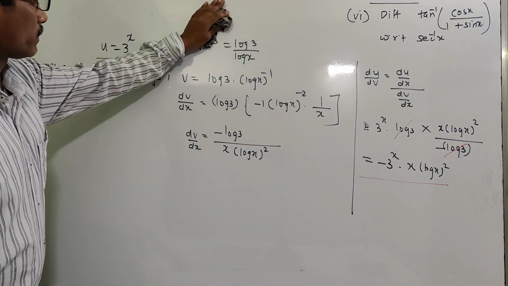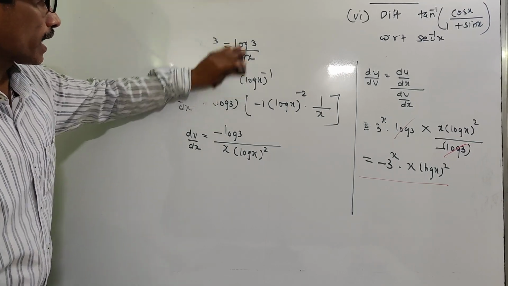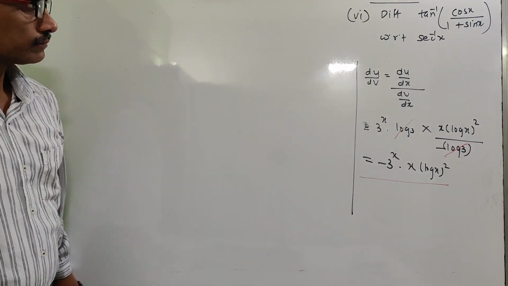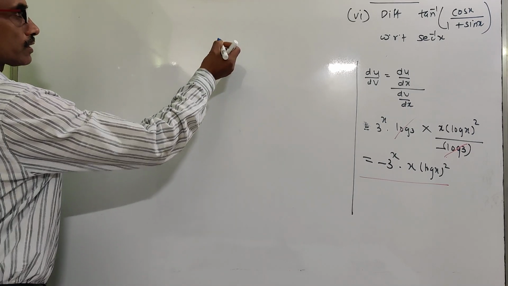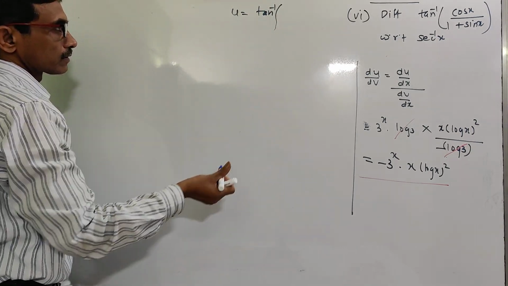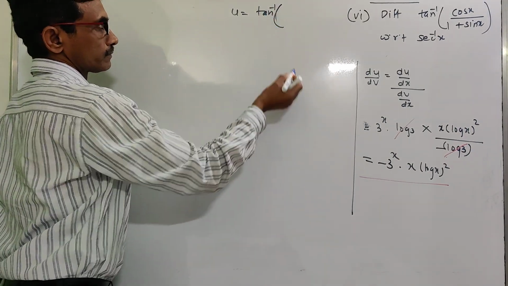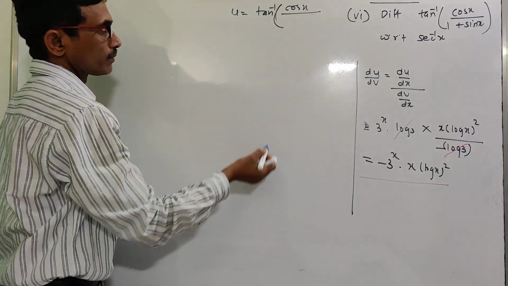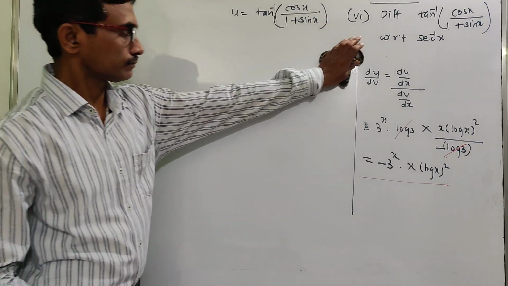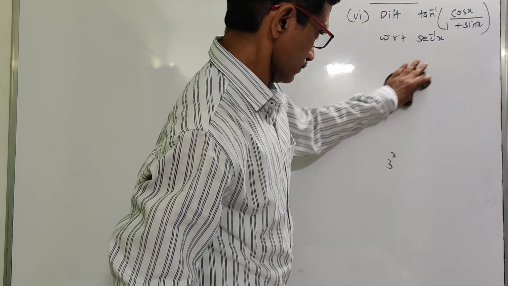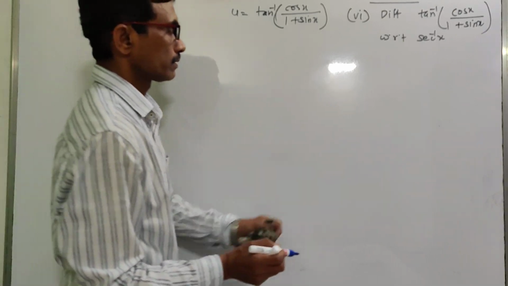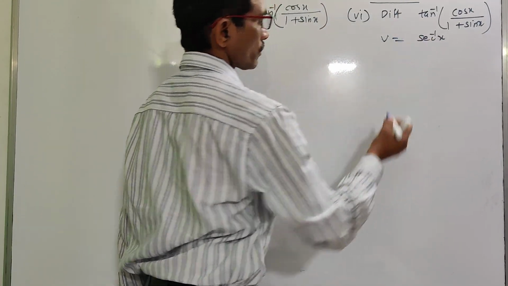So that derivative we will find taking u as tan inverse of cos x upon 1 plus sin x, and v is equal to sec inverse of x.